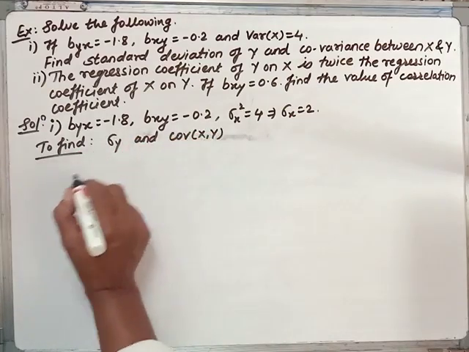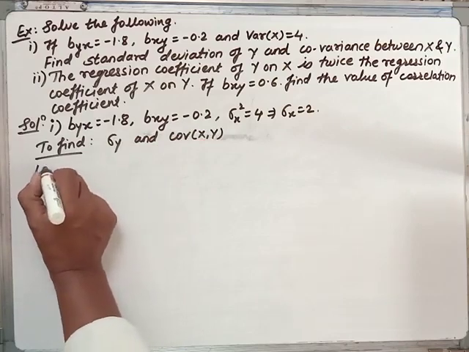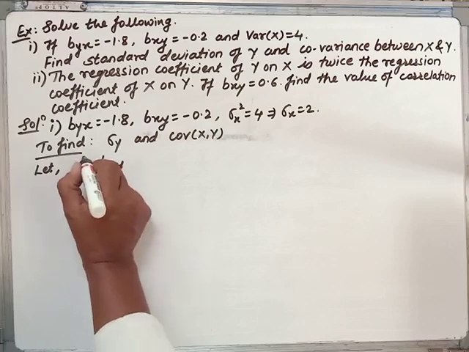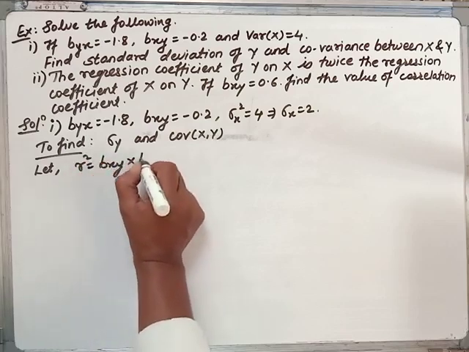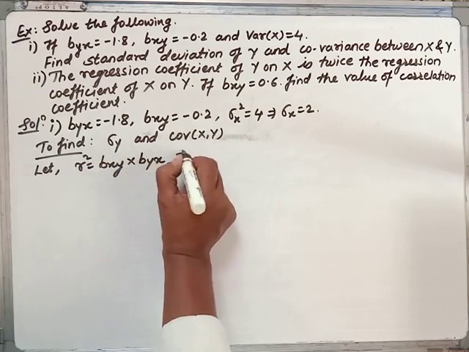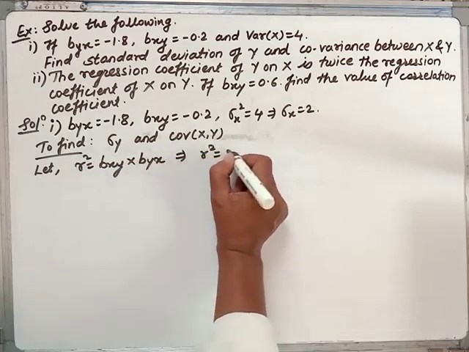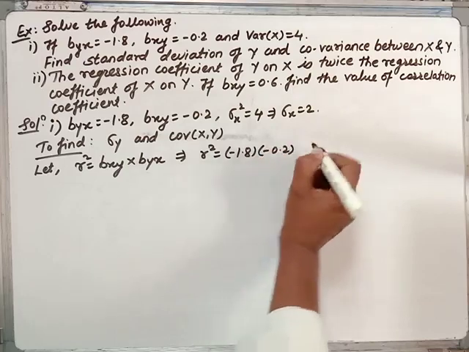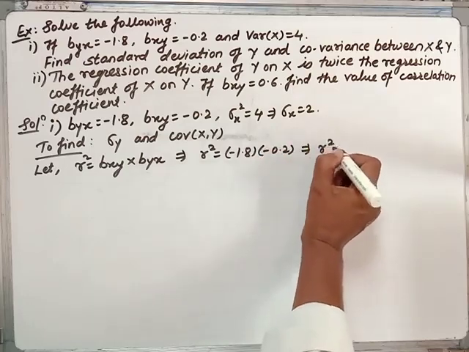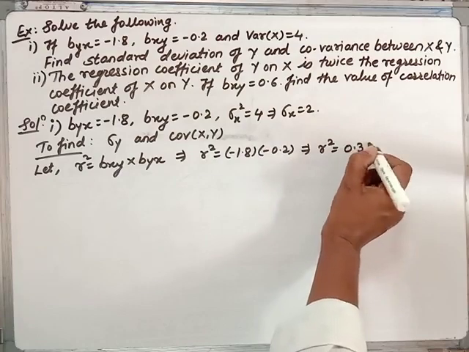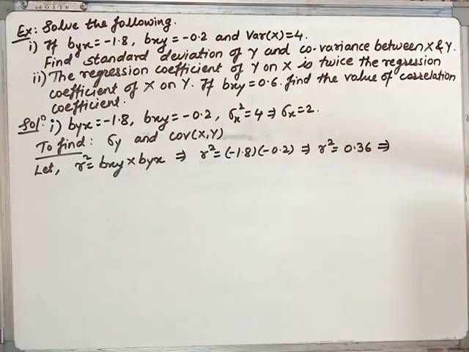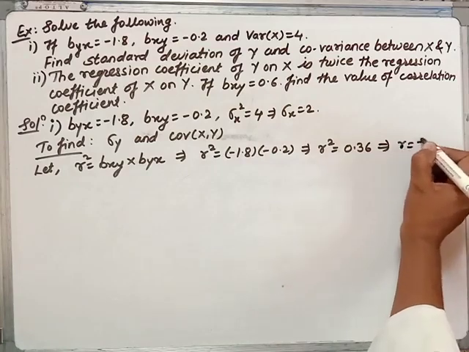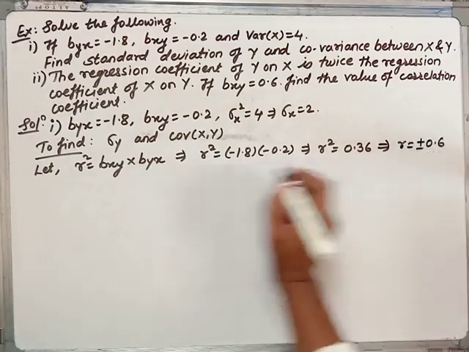That thing we have to find. So as r square is bxy into byx, that gives r square is equal to minus 1.8 into minus 0.2. So that is r square is equal to 0.36. So r is equal to plus minus 0.6.